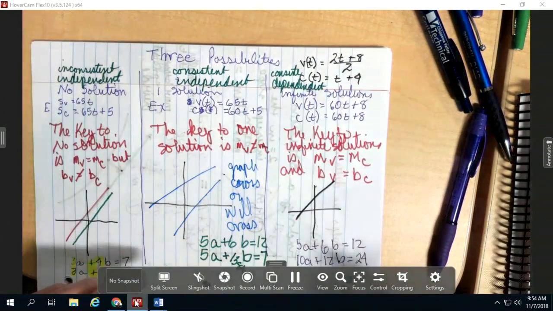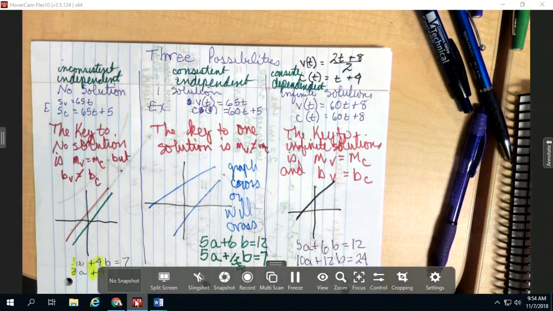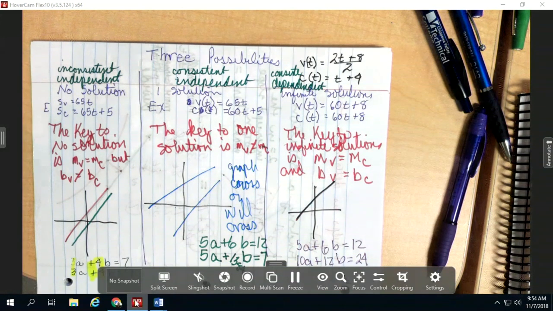Okay, so I'll give you the definitions of the words. Consistent means what you say matches up with what you do. They cross, or they're the exact same thing. Inconsistent means you never match up with what you say. Independent means that when you write them as a system of equations, you're going to be able to write two different equations.